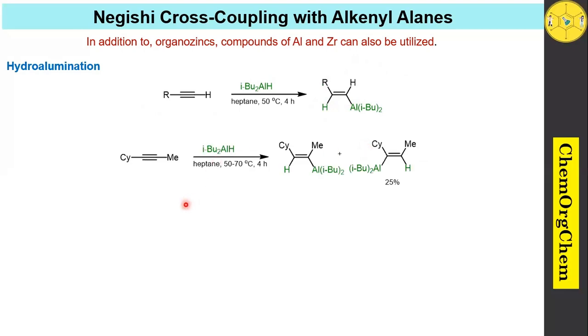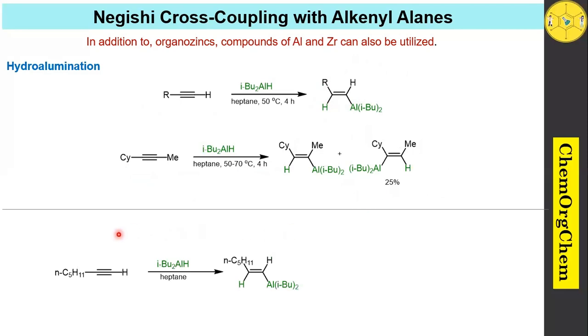So this is another example. Here you see this one is a disubstituted alkyne. When you react it with DIBAL-H, it produces the corresponding alkenyl alane as a mixture of products. So next, moving on, one example of the Negishi cross-coupling reaction of alkenyl alane with organohalide.